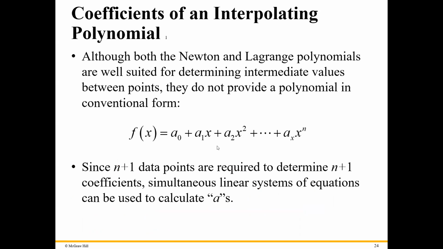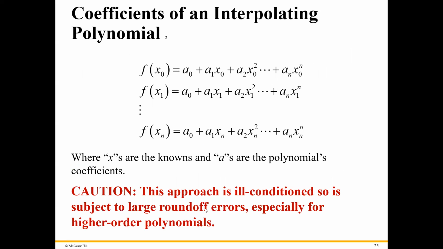Instead of Newton's method and the Lagrange method, this simple direct approach can also be used. However, in this approach, the matrix we get, the A matrix, is normally an ill-conditioned matrix.